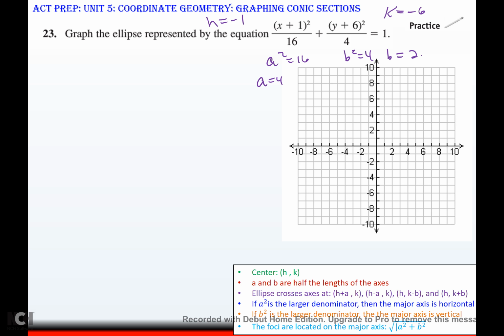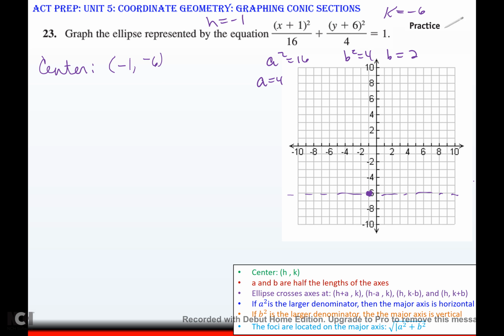Okay, so I have my center at h, k, so negative 1, negative 6. It's the bigger square under x, so this is going to be a sideways or horizontal ellipse.